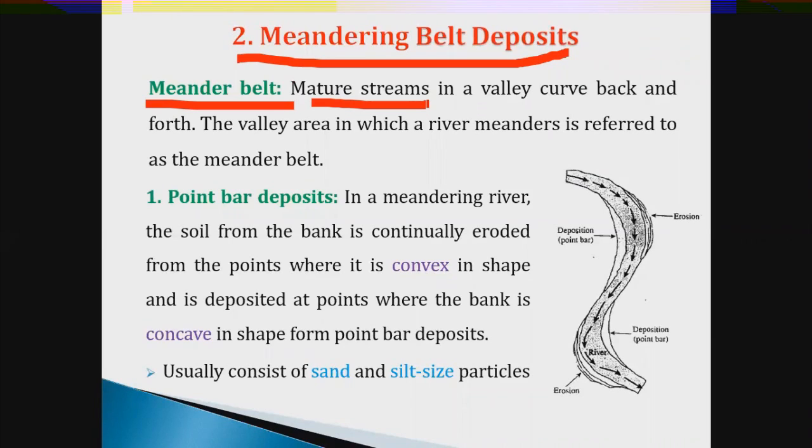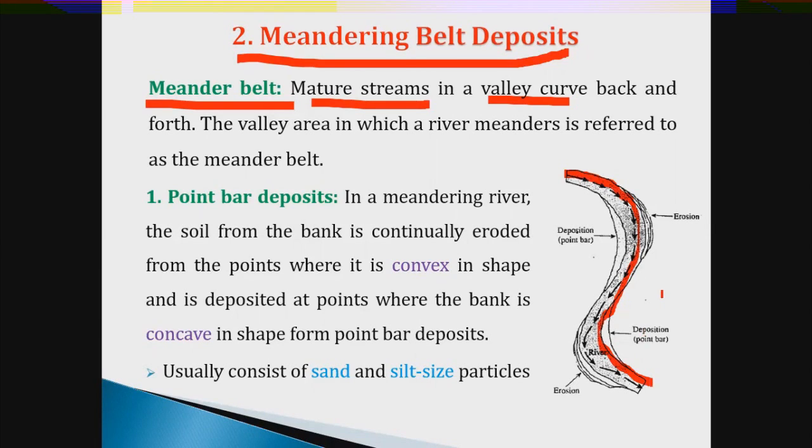A mature stream in a valley area may curve back and forth, like you can see in this fashion. When a mature stream takes this winding, swinging shape in an area, then this area will be called a meandering belt.